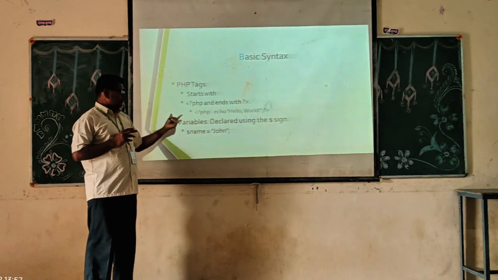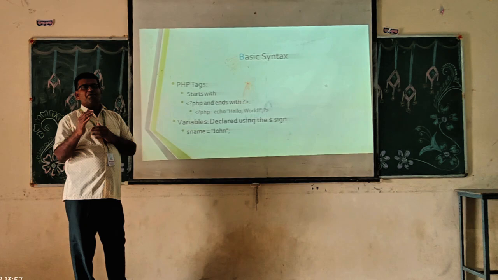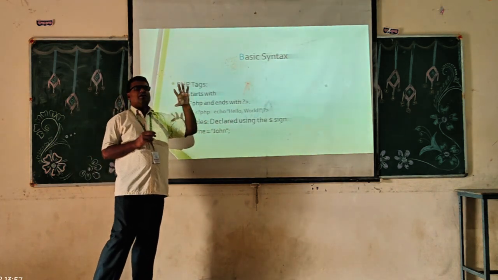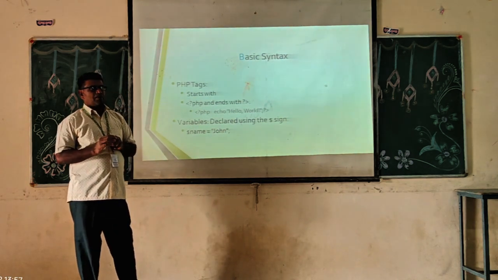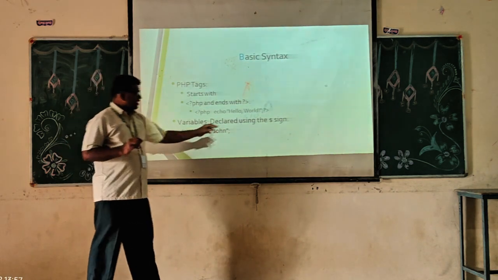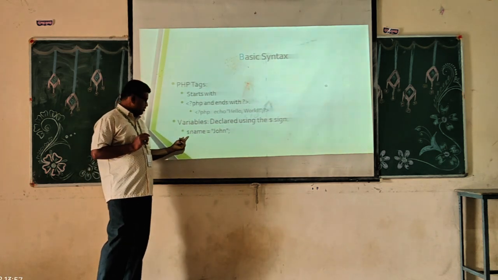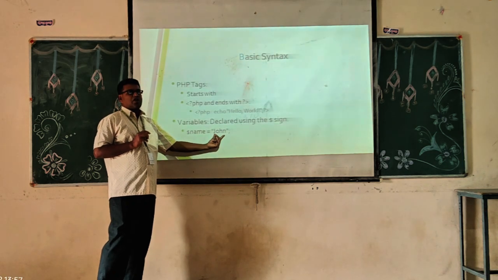Okay, the next topic is variables. Variables means how to declare a variable in PHP. We declare a variable starting with the dollar sign. Before anything else, we write the dollar sign, and after that, any name. For example, dollar sign name equal to John.